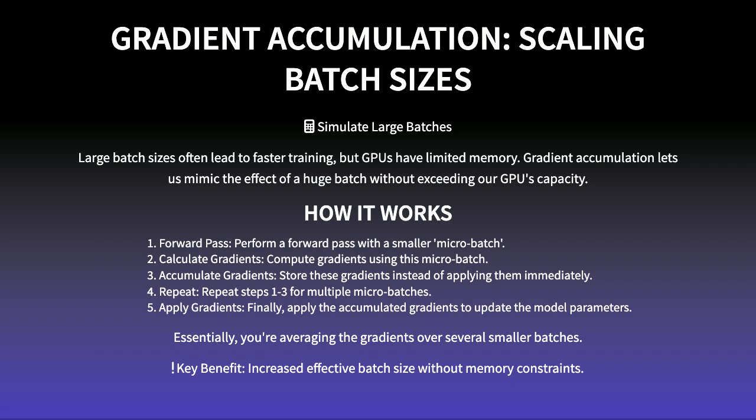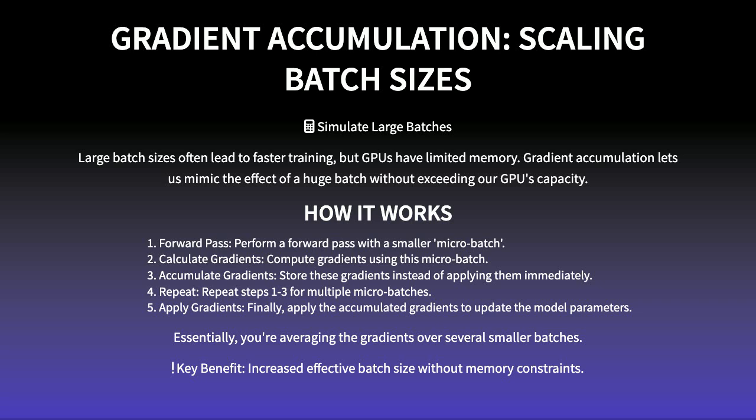Okay, let's talk about gradient accumulation. Sometimes, you want to use a really big batch size during training that can speed things up considerably. But your GPU might not have enough memory to handle it directly. That's where gradient accumulation comes in. It's like tricking the system into thinking you're working with a much larger batch than you actually are. You process data in smaller chunks, calculate gradients for each chunk, and then accumulate those gradients instead of applying them right away.